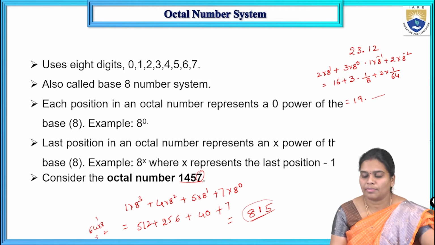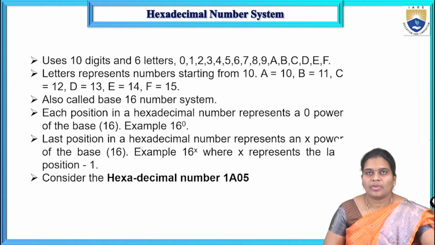Next one is the hexadecimal number system. In this hexadecimal number system, the base value is 16. The digits are from 0 to 15. From 0 to 9 we are taking the numbers, and A to F we are taking the characters.